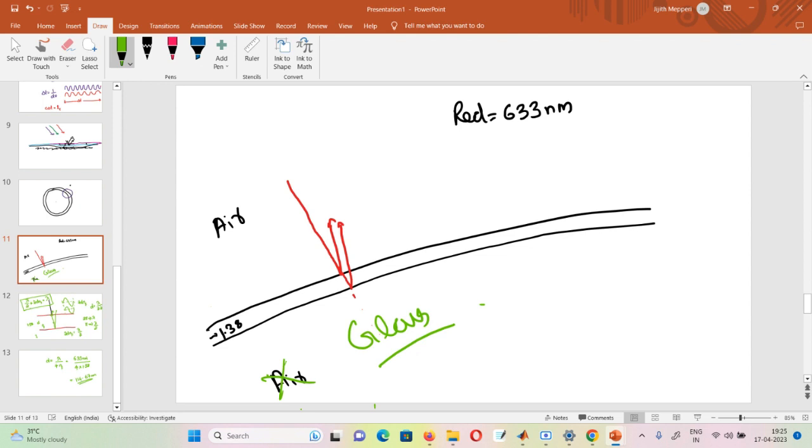If the third layer is not air, it is glass, and the soap bubble has the same thickness, will you get a bright fringe here for the red, or will you not?